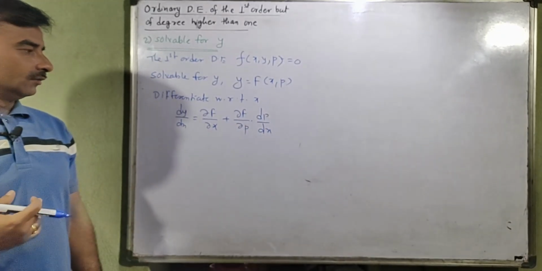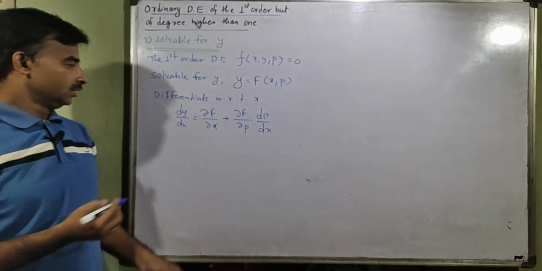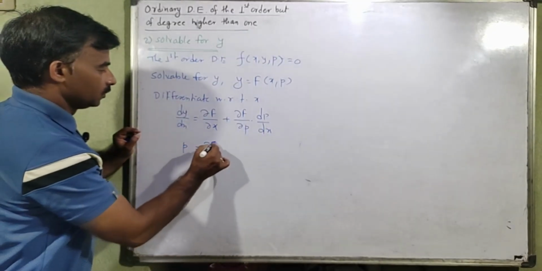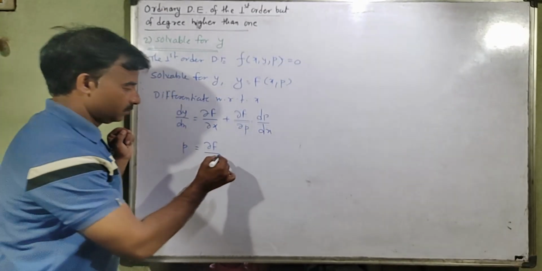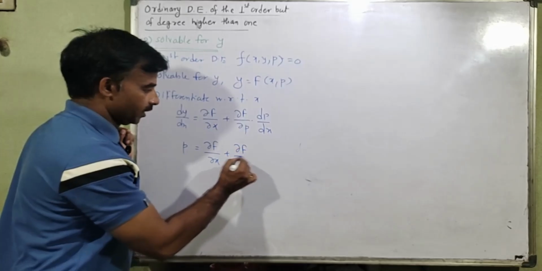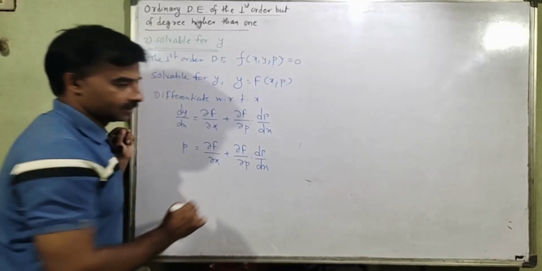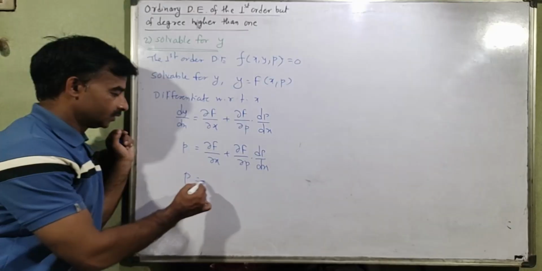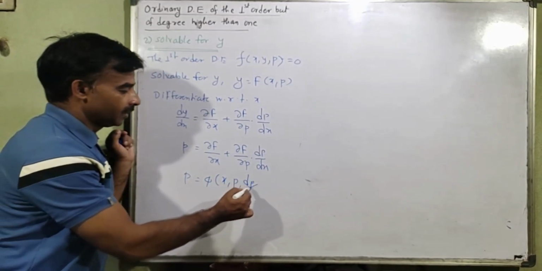According to that you will get dy by dx, which is p, is equal to dou f by dou x plus dou f by dou p into dp divided by dx. So you will get p is equal to phi of x comma p into dp by dx.